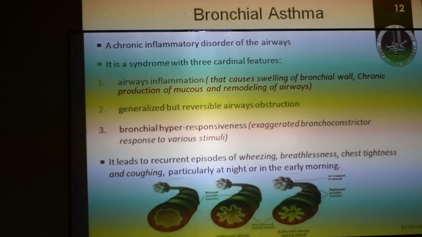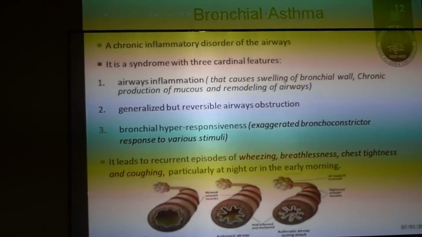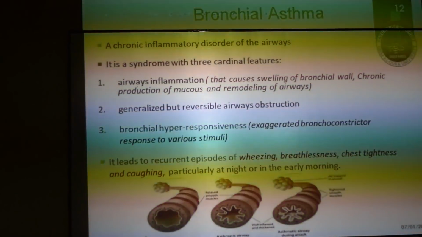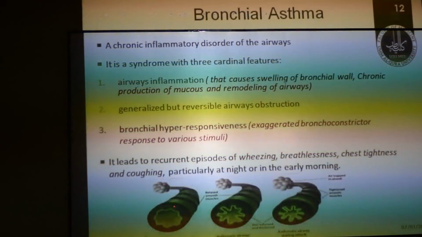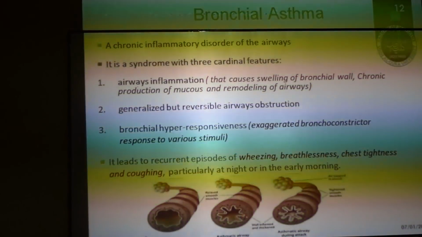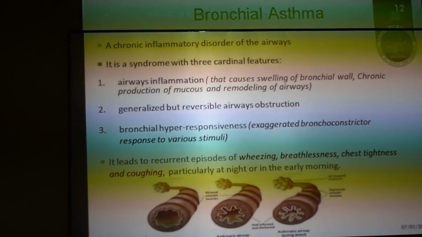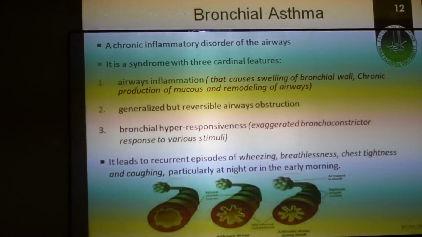Then if you look at this figure here, this is the normal airway. You can see the lumen is patent. Then these are the smooth muscles that are surrounding this airway. And in this second figure, which is asthmatic airway, you can see the lumen is becoming slightly narrower.